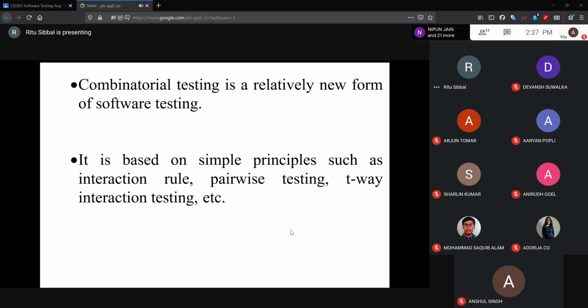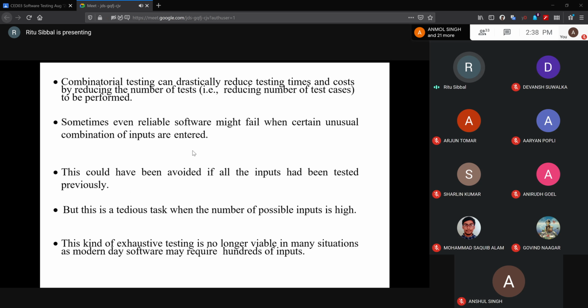In fact, throughout this entire course of software testing, from black box testing and white box testing to data flow testing, and now prioritization and regression testing, our focus has been to reduce the number of test cases, because the number of test cases increases with time and we want to reduce the testing time, which is possible only if we reduce the number of test cases.